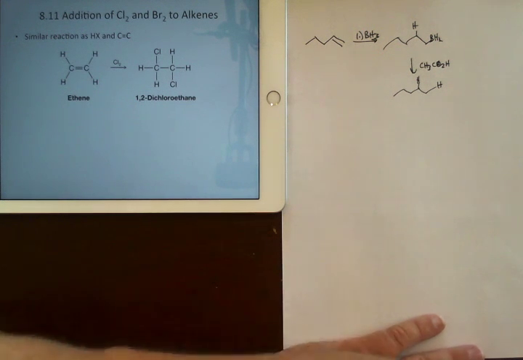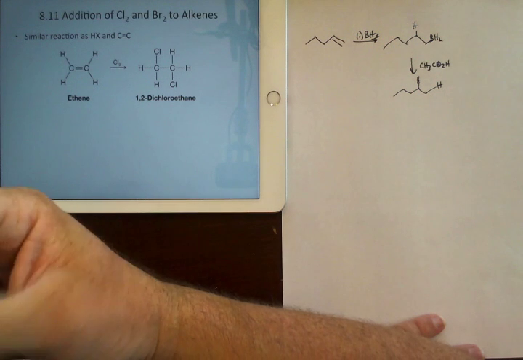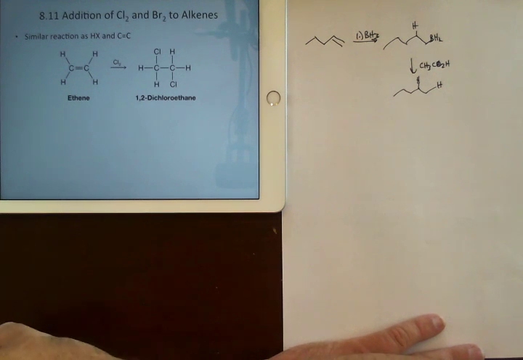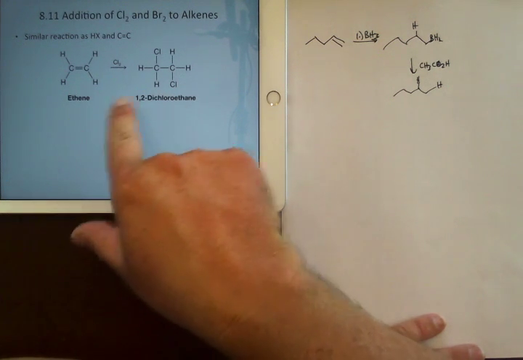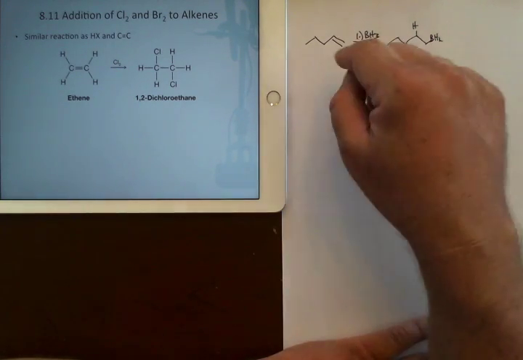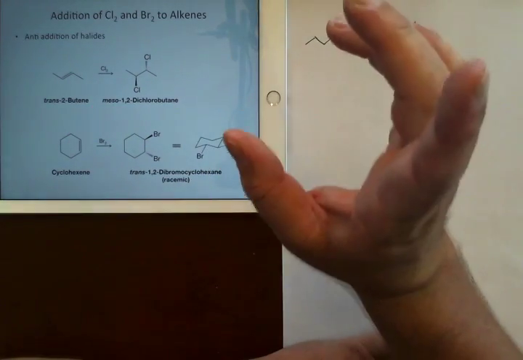Iodine's a little more sluggish, so it has to go through a slightly different way of generating things. But what you're doing, instead of adding HCl across it, is now adding ClCl. The mechanism again is going to be exactly the same.